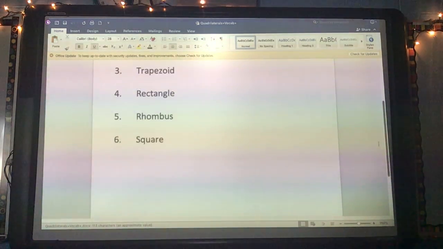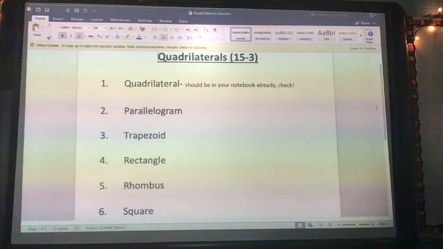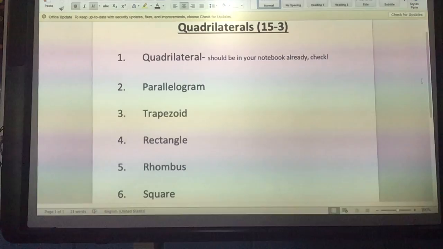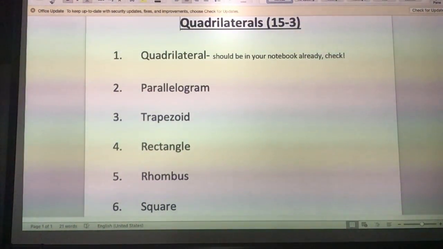We have 6 of them. Label your notebook at the top. Along with the definition, I also want you to try your best, not art class, but try your best to also have a little picture, okay? Nothing big, nothing whole page or even half a page. Something very small next to the definition.